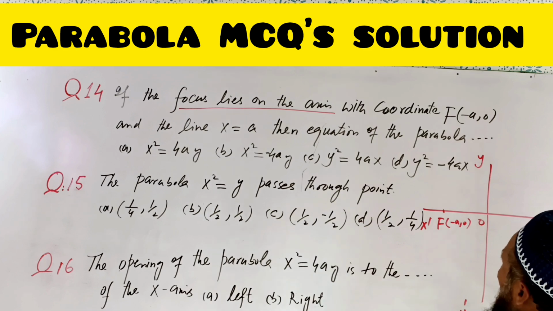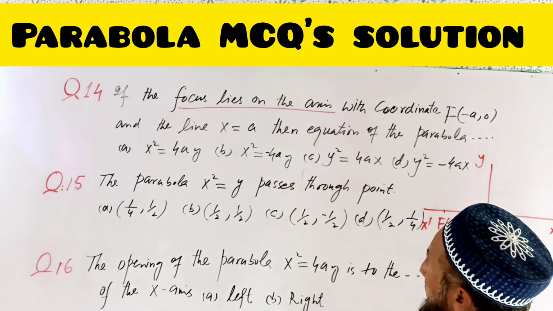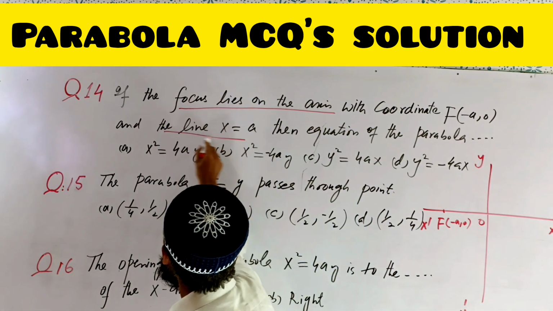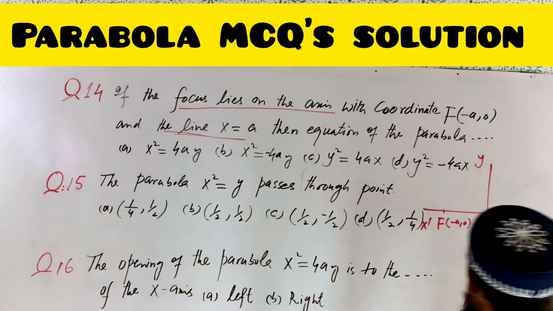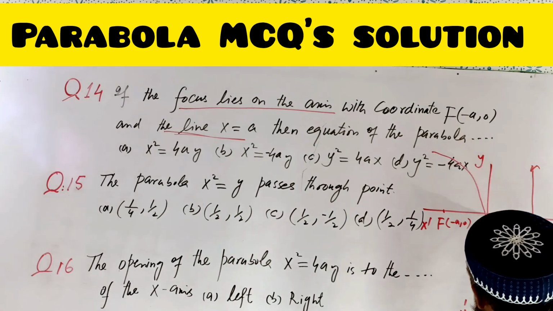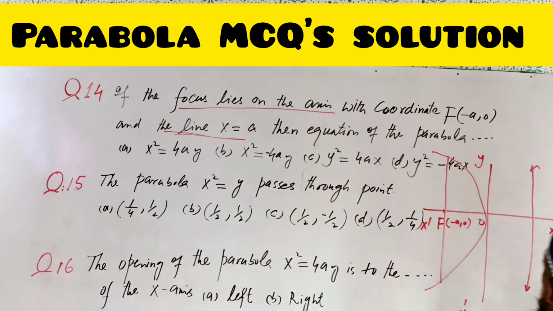Now the parabola's focus lies on the axis, and the directrix line is given: x is equal to a. That means the line is on this side, the parabola is making on this side, and the focus is that one.